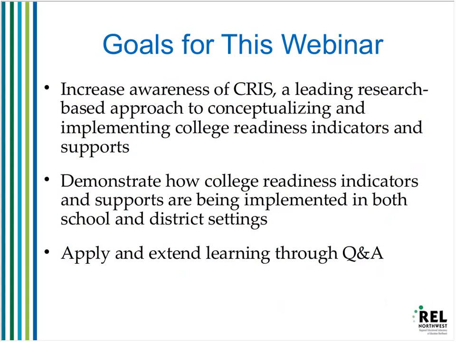Here are the goals for the webinar today. We're going to start out with a brief overview of the College Readiness Indicator System, also known as CRIS, which is an initiative that has pulled together in one place some of the best thinking about what college readiness means and how to measure it, and what it would take to make college readiness a routine outcome for all students. Then we're going to learn from two really compelling examples of how this big idea of college readiness for all students is being brought to life.